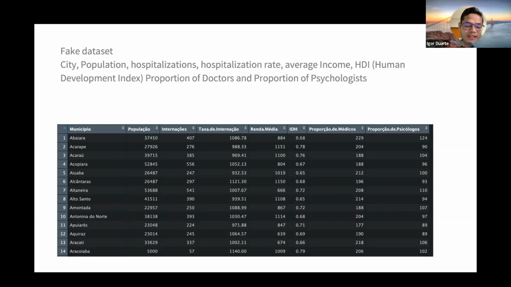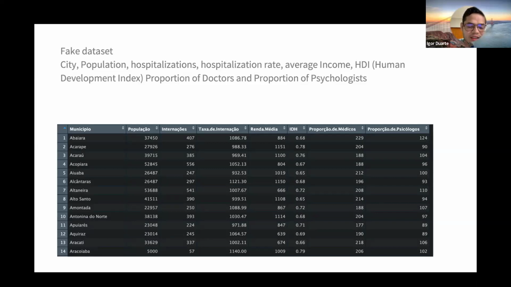So the idea is to redistribute resources to try to improve health indicators. So the question is: is it possible to identify similar city profiles based on hospitalization rate and average income? This is the question, and we try to resolve it using cluster analysis, using k-means.